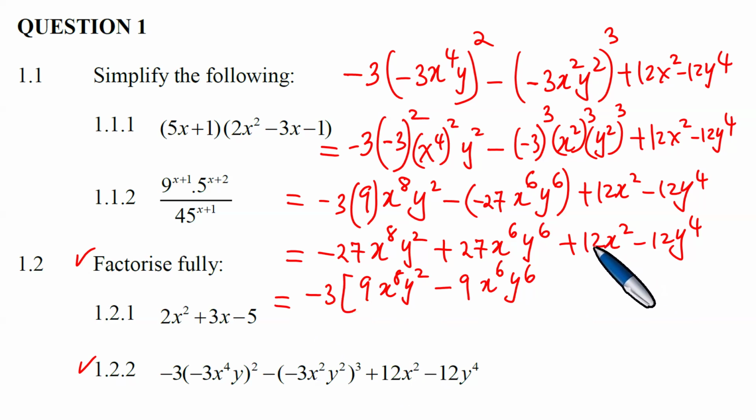So it's like dividing 12 plus 12 by -3. What is 12 divided by -3? -4. Is -4x squared. So if you have the -12, you divide it by -3, what do you get? You get a 4. Plus 4y to the 4th power, like so.